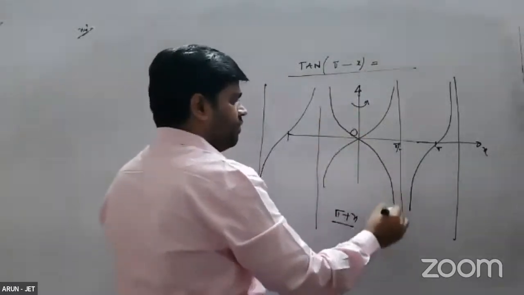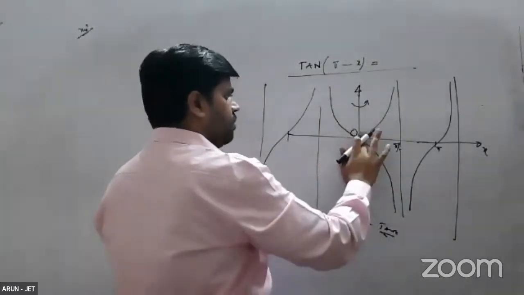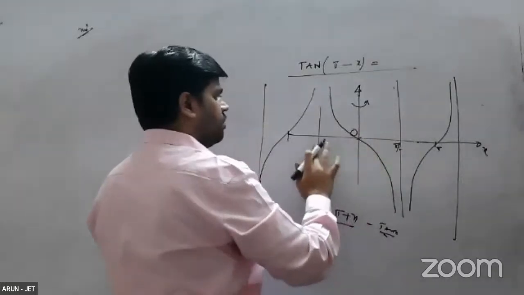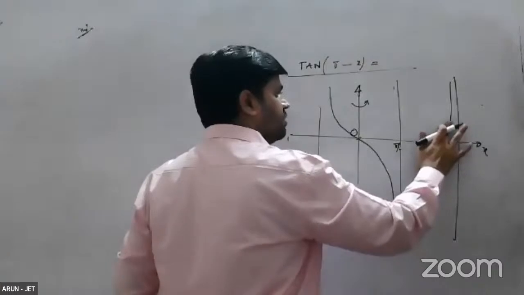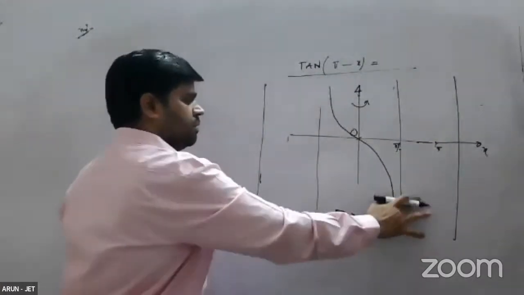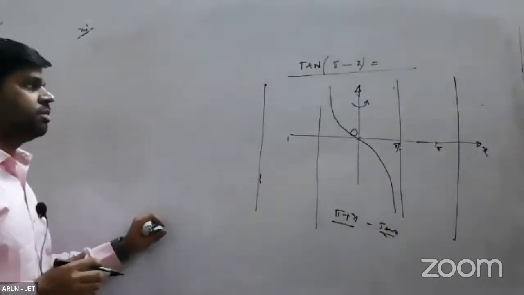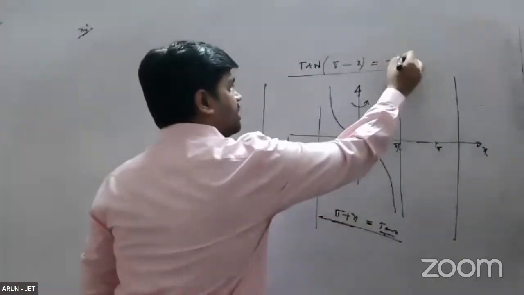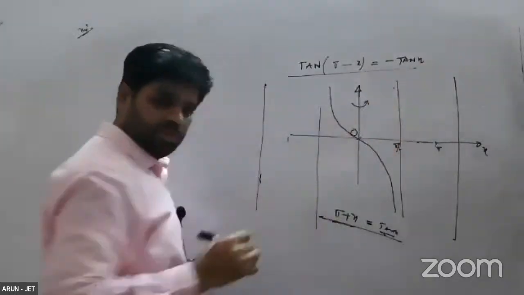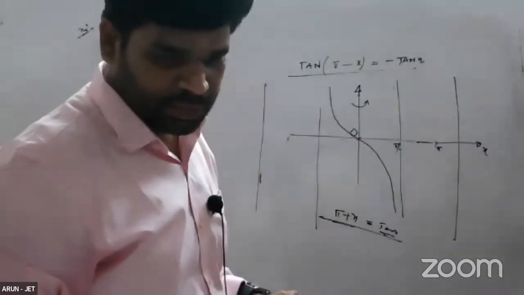So I get this graph, which is minus tan x. So tan of pi minus x is minus tan x. All right.